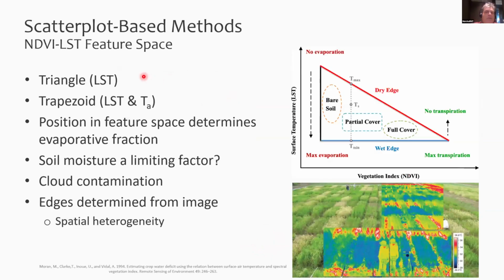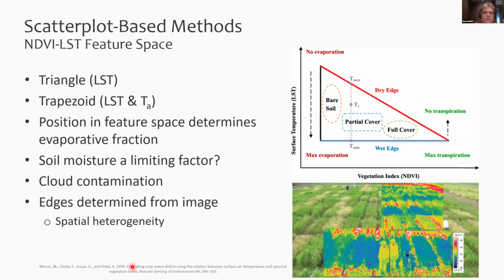The scatter plot method is another method, but it's done by plotting land surface temperature pixels versus NDVI pixels. You can see it illustrated here. And depending on how you standardize the data, that affects the shape. So the triangle method is the most common, but there's also the trapezoid method. But I show the triangle method here because it was first proposed by Moran in 1994.